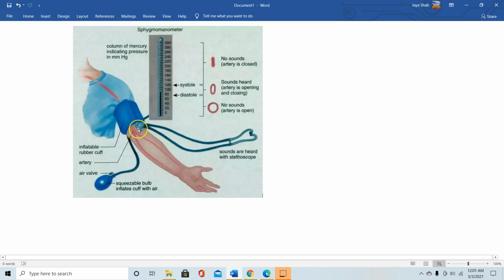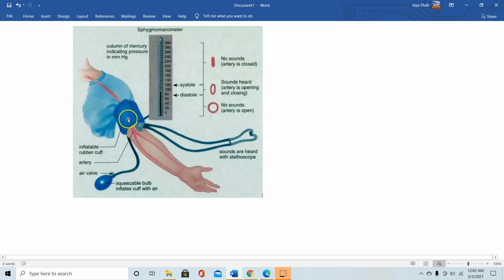Once you put the stethoscope here, you lock the air valve and start squeezing the bulb, which increases pressure inside this inflatable rubber cuff, and that will ultimately block this artery. This is called the brachial artery.